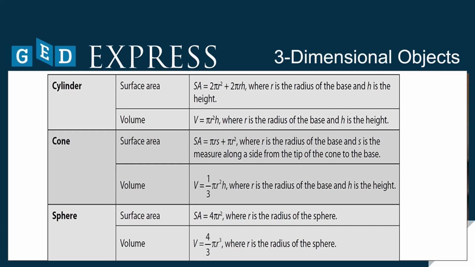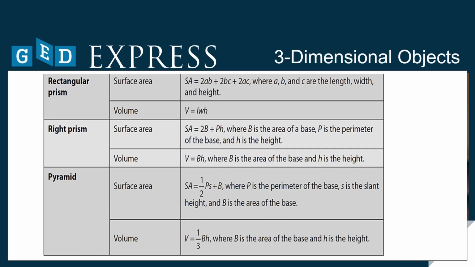Rectangular prism, surface area, SA is equal to 2AB plus 2BC plus 2AC. A, B, and C are the length, width, and height. Volume, V is equal to length times width times height.